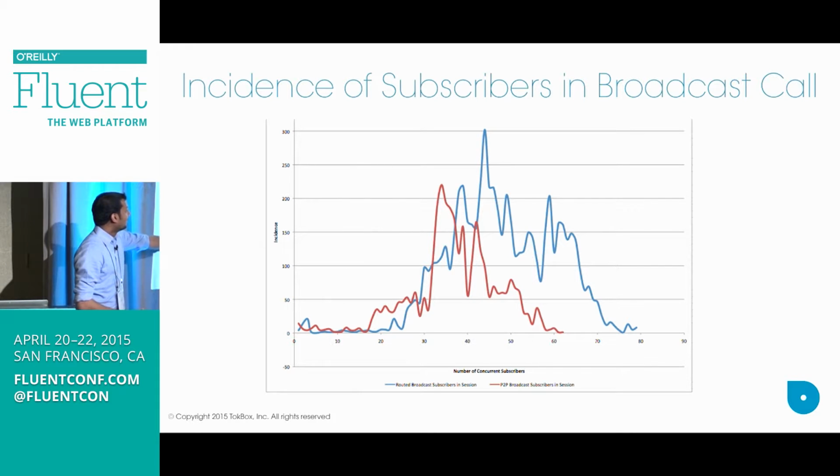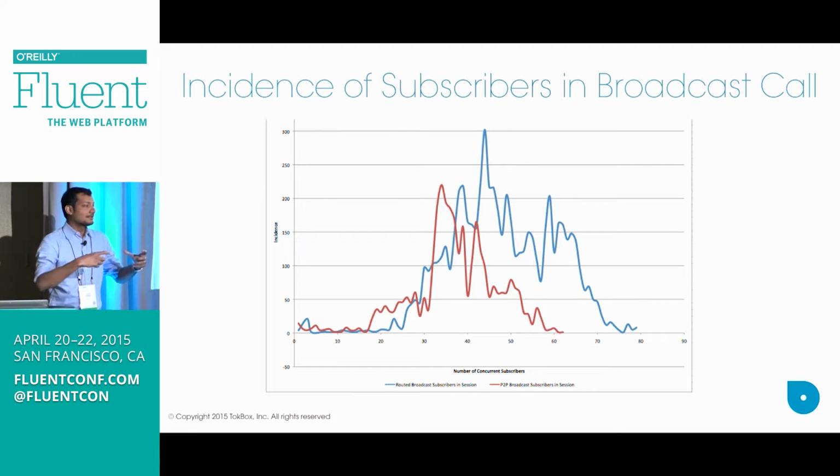The blue line is actually media streams which go client-server, meaning which are mediated by an MCU or an SFU. And the red line is basically calls which are pure peer-to-peer. And what you see here is the number of subscribers in both peer-to-peer as well as routed calls.